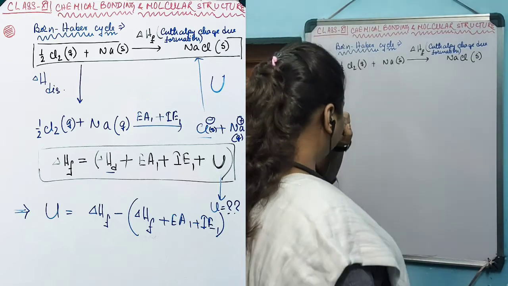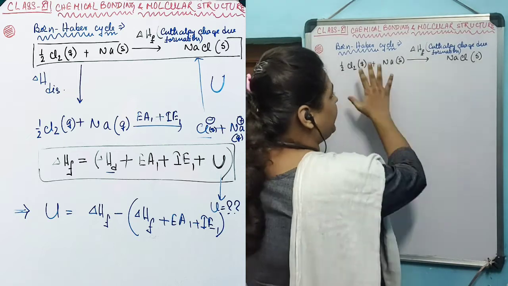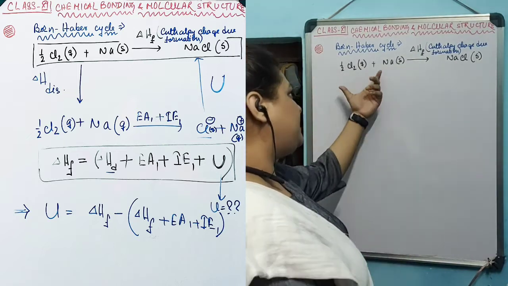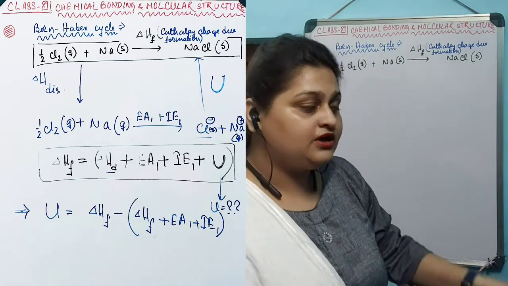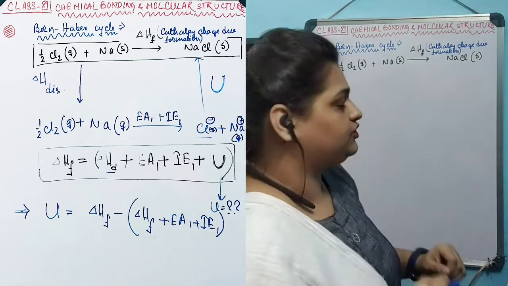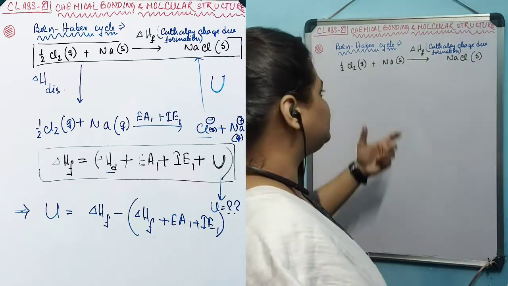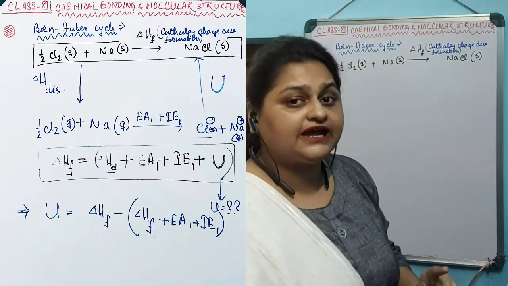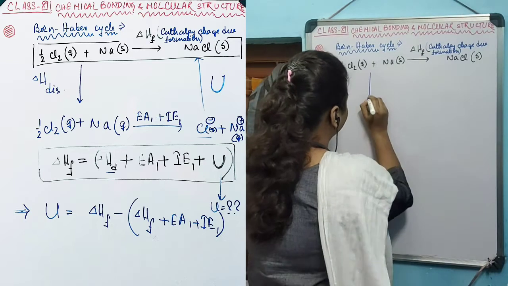Now the Born-Haber cycle suggests that this entire reaction can happen by combining one chlorine atom with one sodium atom directly to produce the crystal NaCl molecule. It can happen in this one step, or it can happen via multiple steps.